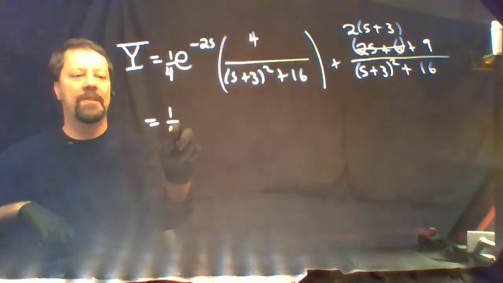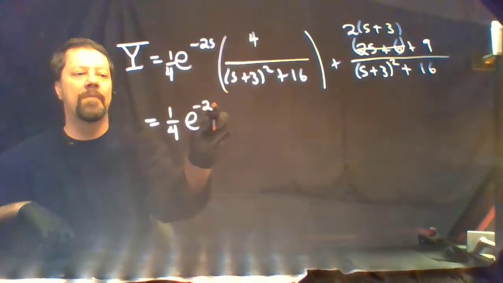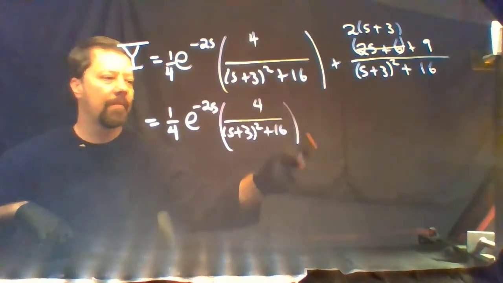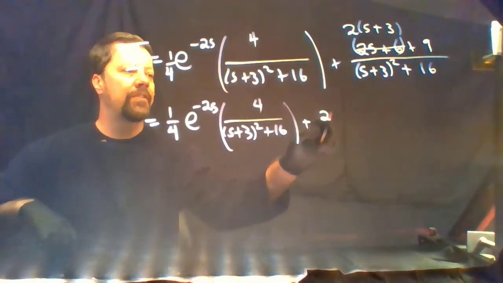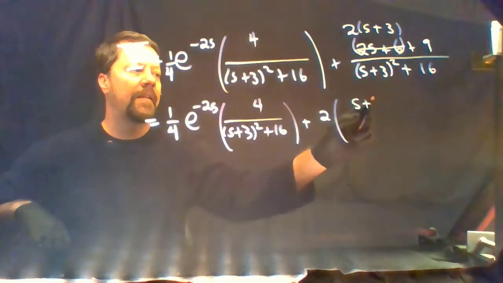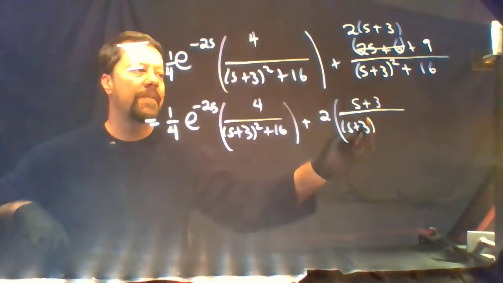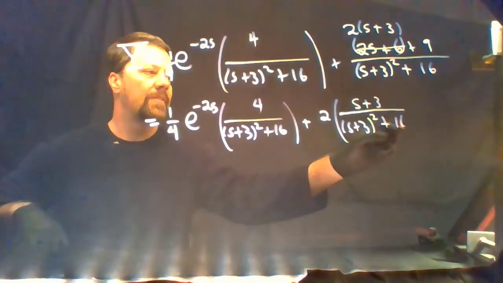Breaking things up a little more before performing the inverse Laplace transform, we'll have 2 times the quantity s plus 3 over s plus 3 squared plus 16.